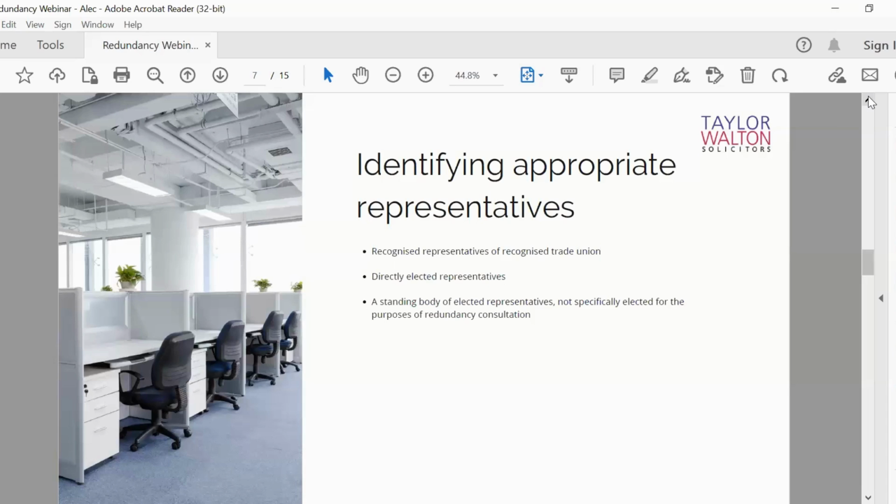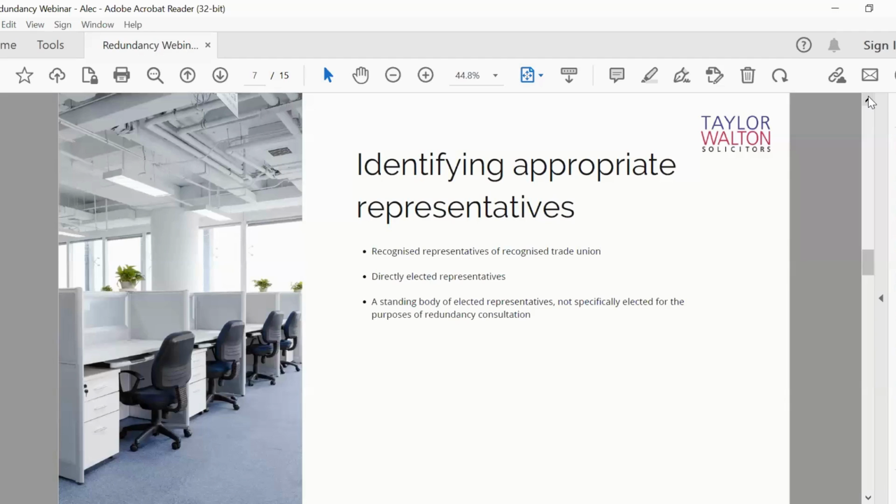And if they are in different parts of the business or different constituencies, for example if you're looking to make sales staff and secretaries redundant, you need to ensure that those groups are represented as part of the collective consultation arrangements. And in these circumstances, the employer is required to consult with those directly elected representatives.